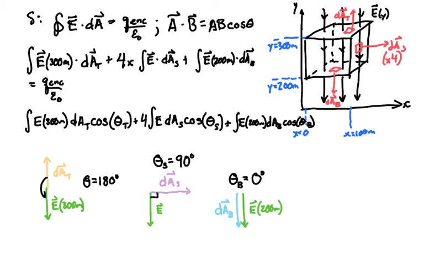Now we can apply each of those to our cosine term. And we should know by now that the cosine of 180 degrees is, drum roll please, -1.